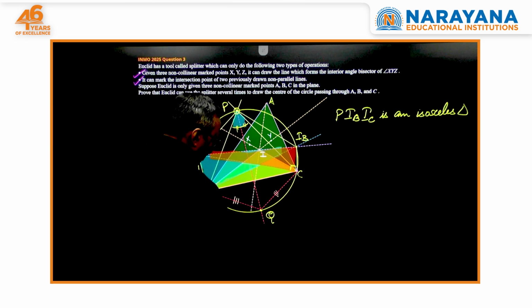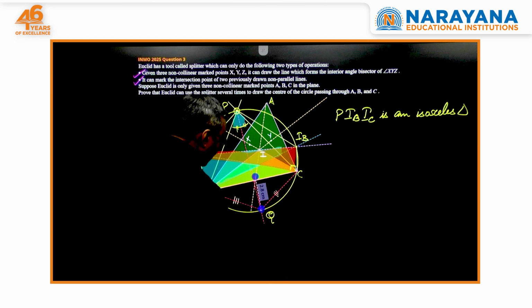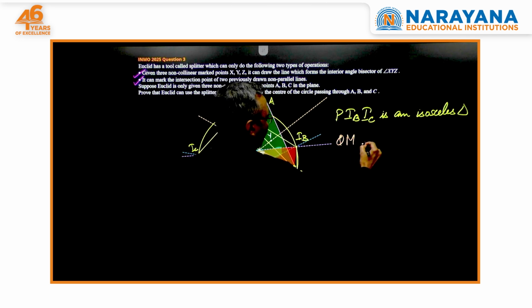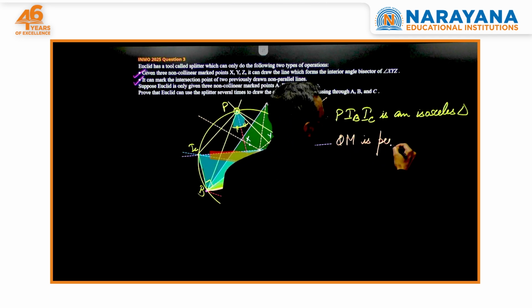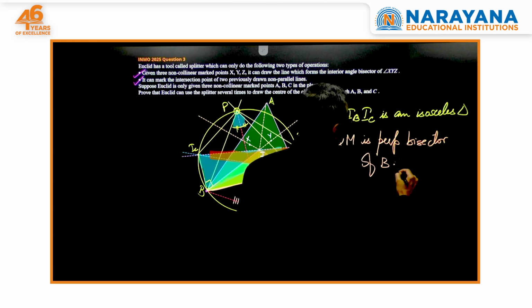And then, doing nothing but a formal working, draw the angle bisector of QBC. Since the triangle is isosceles, let this point be M. So QM is the perpendicular bisector of side BC.